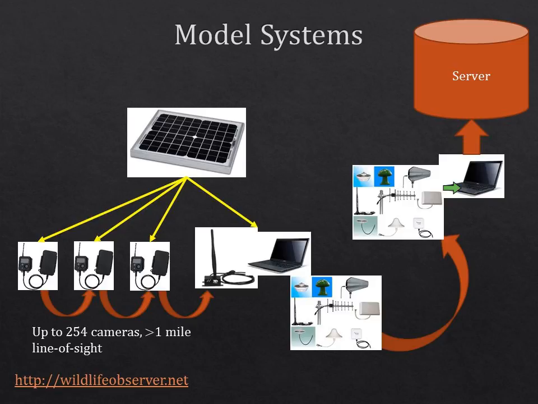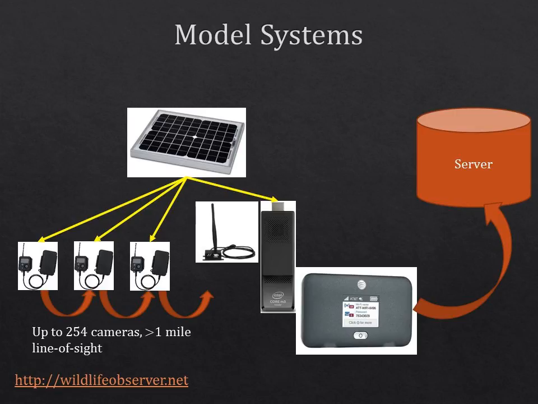If you were along a highway, this could be the DOT maintenance yard, but some way of transmitting that information from a field computer to what we'll call a home computer that has a landline link to a server. So basically you're using Wi-Fi to collect the images from all the cameras in the field, and then using Wi-Fi again to transmit to a home computer, which has a landline to a server. That's a typical model.